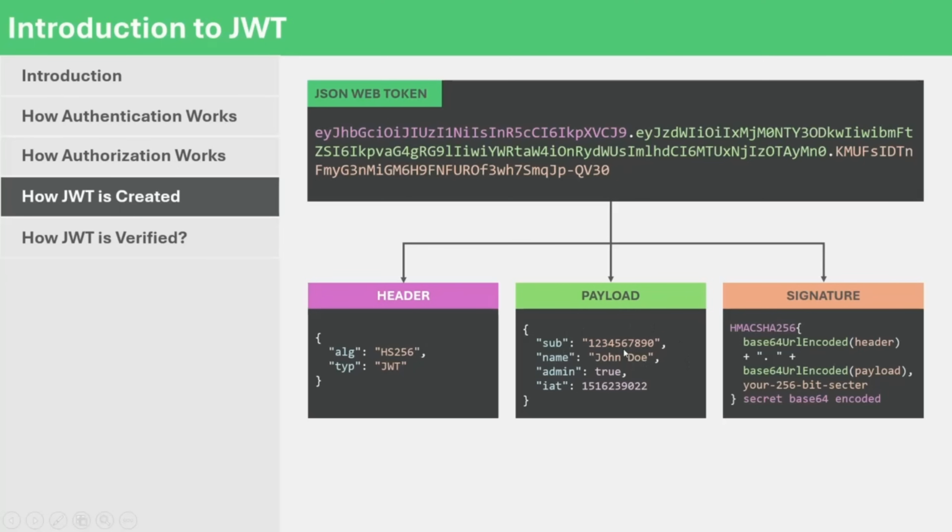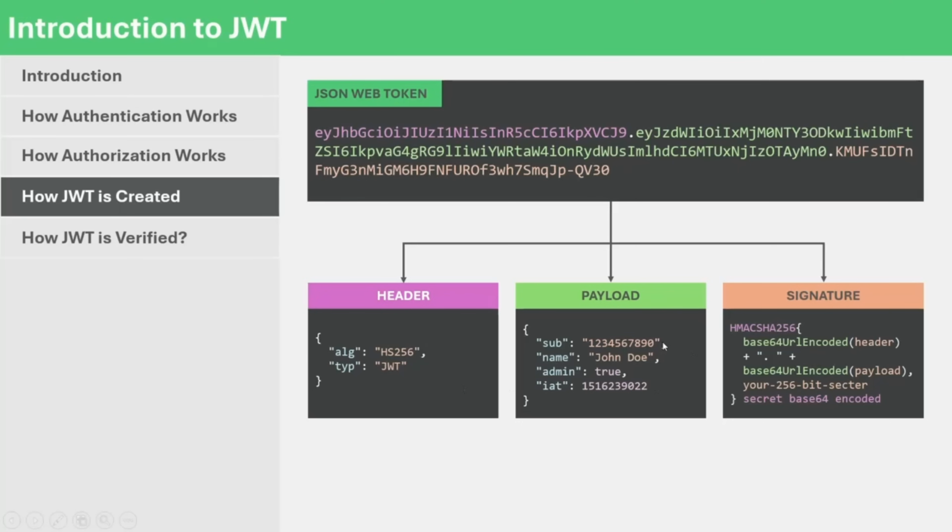And this can be any data we want. So here you see in this data, we have the username, the role of the user, and we also have something called sub, which is basically the ID, and IAT, which stands for issued at, what time this JSON Web Token was issued. So that timestamp is stored here.